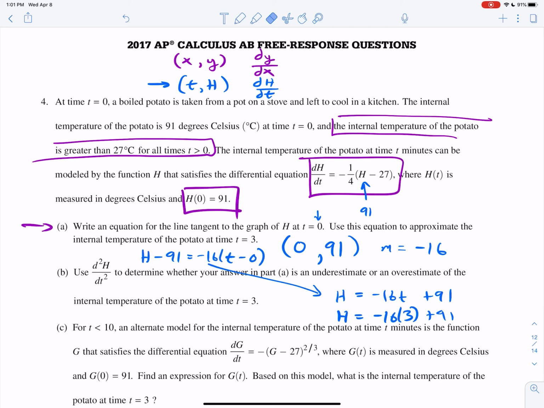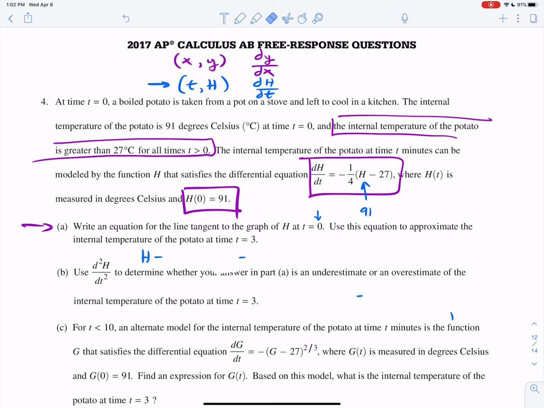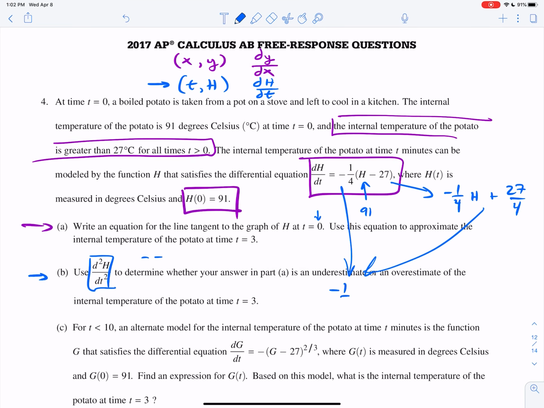Here's part B. Part B is asking you to find the second derivative. What I would do first is distribute that negative 1/4. You should get this. The derivative of that is just negative 1/4, but with respect to h.